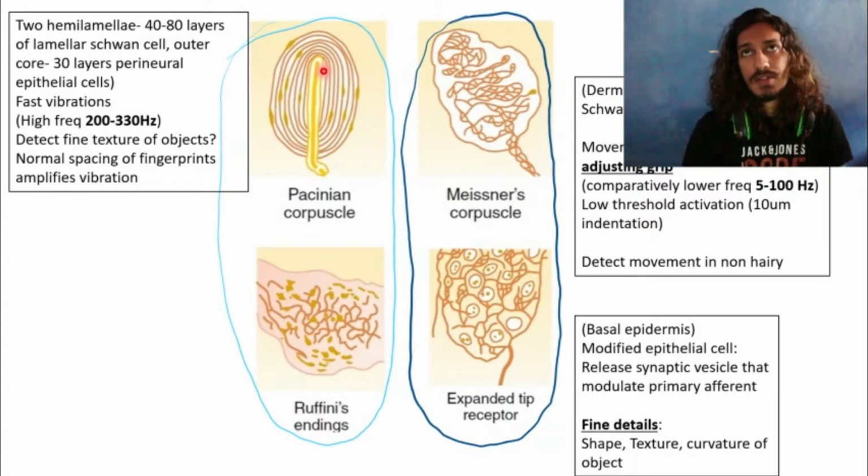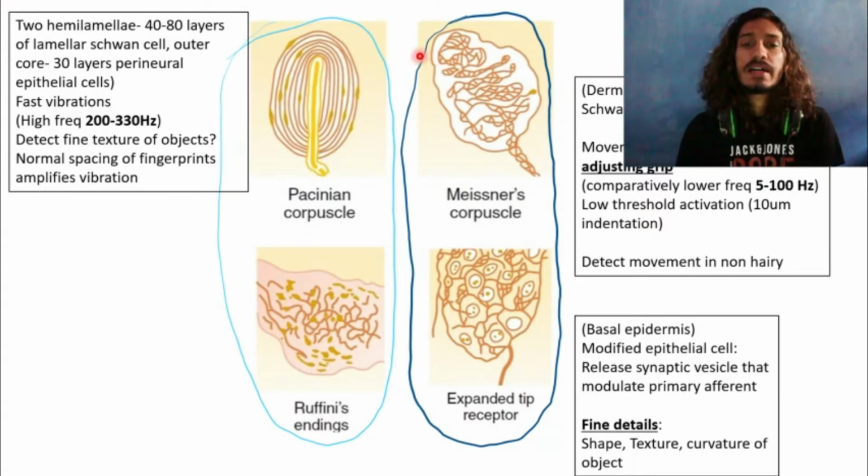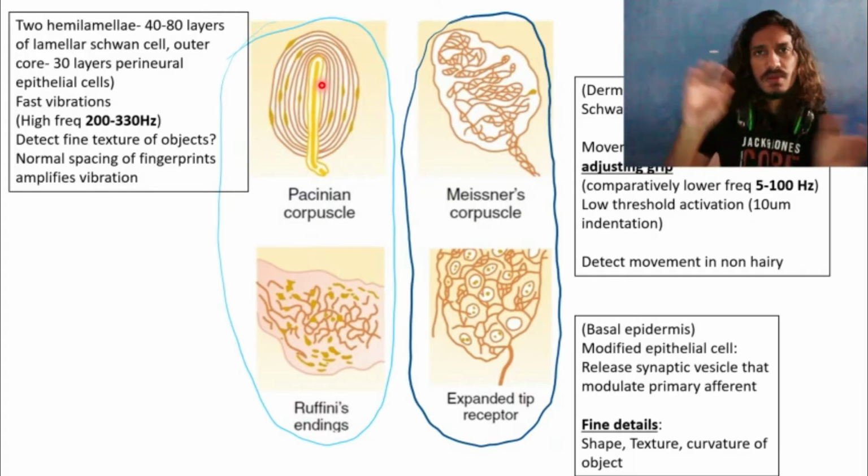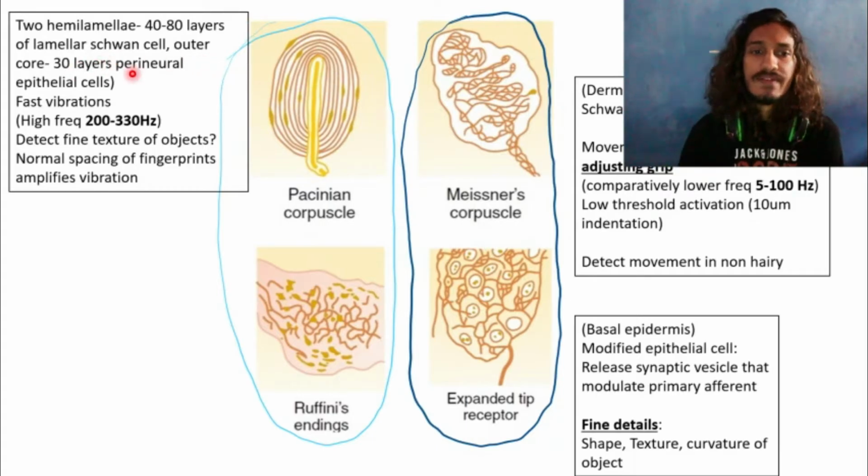The structure of the Pacinian corpuscle: you have two hemilamellae like this, with an outermost layer and an inner layer. If this is the terminal, there are around 40 to 80 layers of lamellar Schwann cells, and the outermost layer has perineural epithelial cells, around 30 layers.